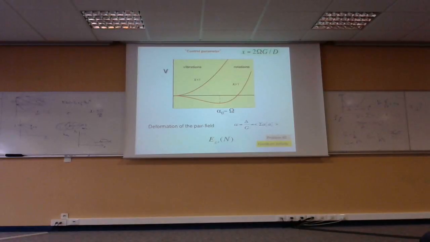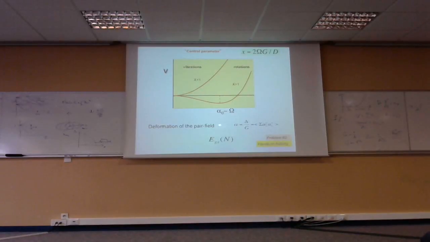I'm looking at a deformation, if you like, of the pair field, whether or not there is a gap solution. If x is less than 1, then the gap, alpha, which is the gap over G, is non-zero essentially.